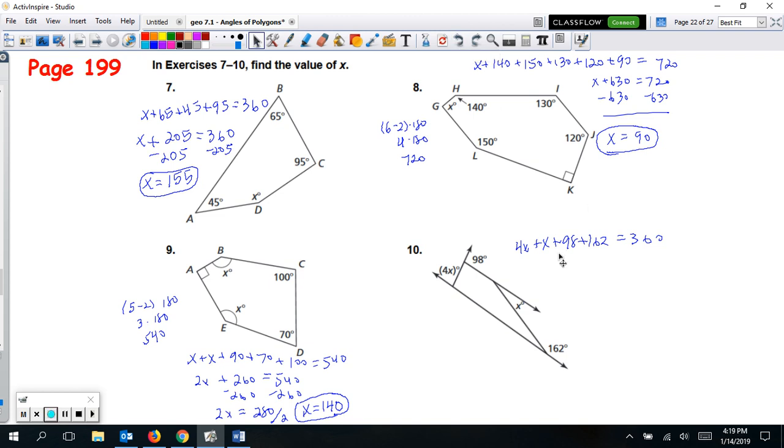So that makes 5x here, and we combine those two numbers together to give us 260. So 5x plus 260 equals 360. Subtract the 260 from both sides. That's going to give us 5x is equal to 100, and then just divide by 5. So 100 divided by 5 gives us 20 for x. So 20 is our answer for x.